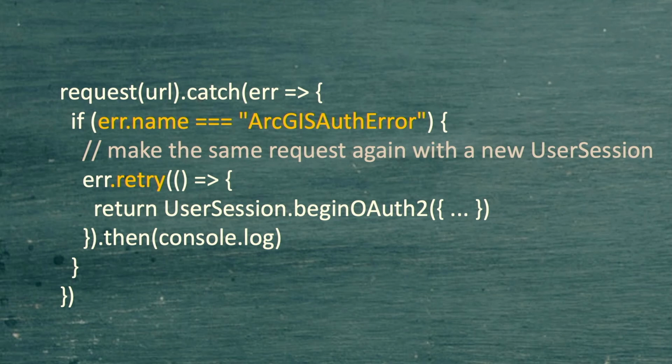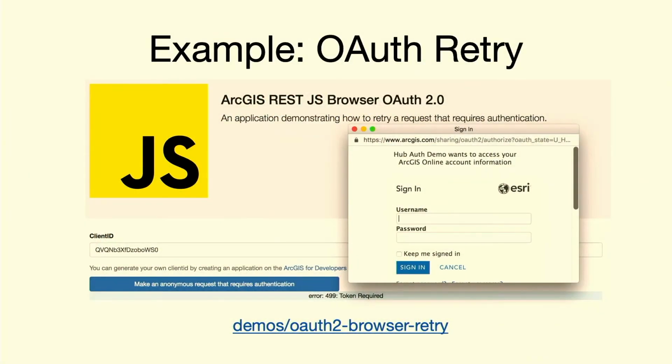In this case, we're going to do the OAuth sign in. We're going to kick that off by having the user session begin OAuth 2. And when that happens, we're going to be able to continue on with our workflow.